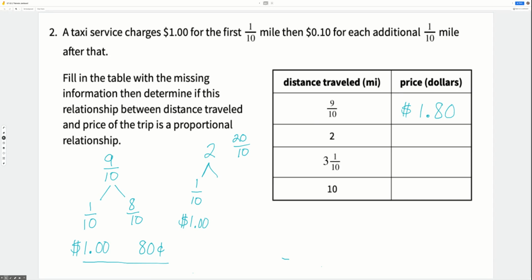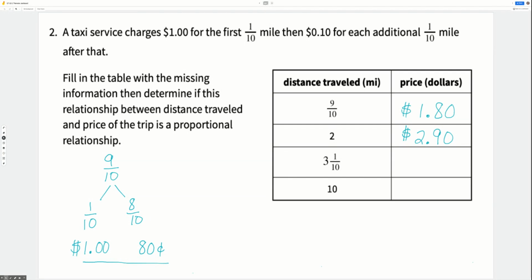So if I've taken 1/10 out of this, I just renamed it 20 tenths, I've got 19 tenths remaining. And I know that each of those tenths is 10 cents, a lot of tens again, but I have 19 times that 10 cents. So that becomes $1.90. And then when I put these back together, I've got $2.90.